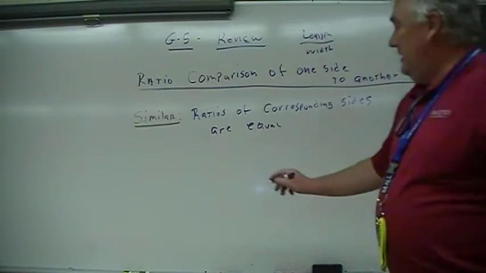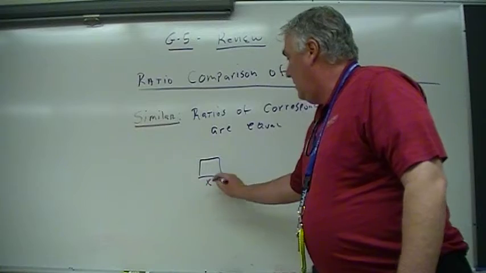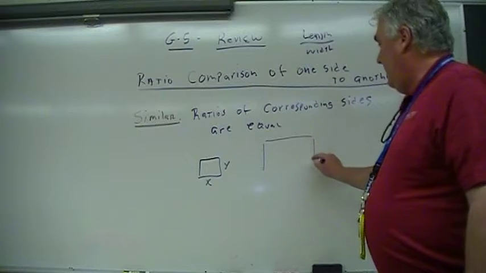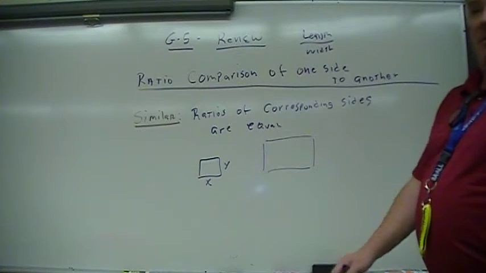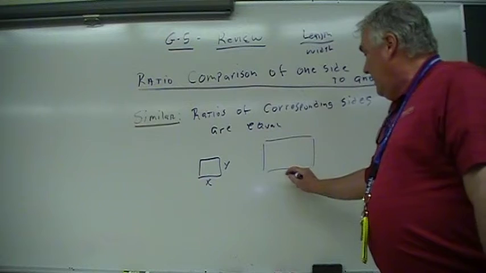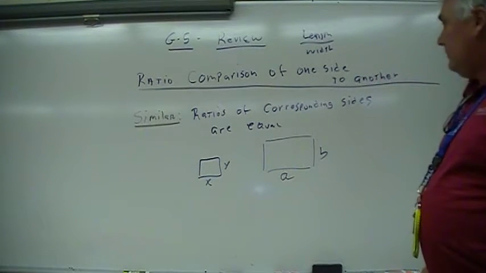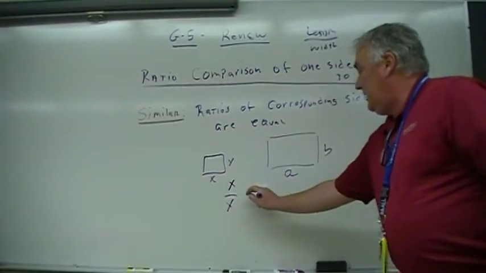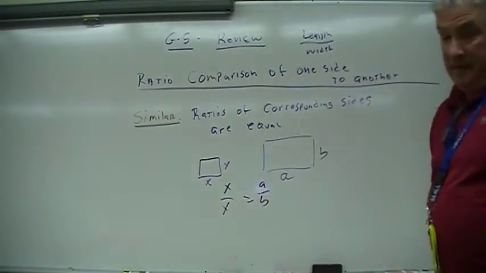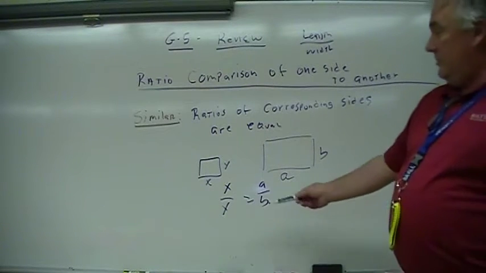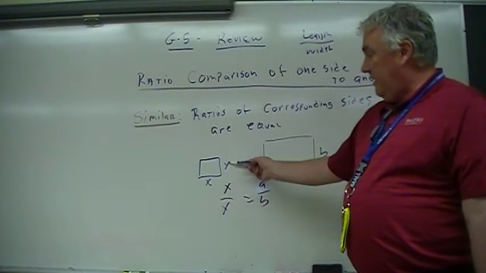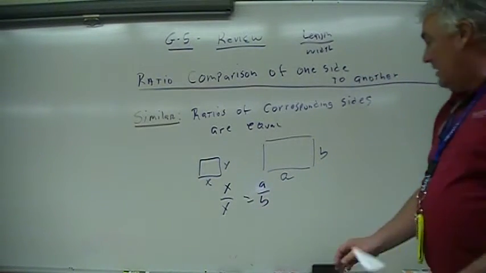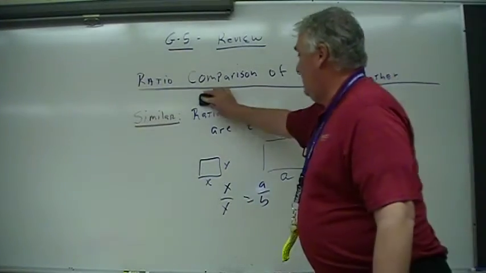And so what that means is, if that's a rectangle and that's x to y, and this is a similar figure, remember that from geometry, and this is a to b, then x over y is equal to a over b. Okay? And you learned that in geometry, that if you do this divided by this, it's going to give you a number, and it's going to be the same as this divided by this. That's what we learn about with similarity.